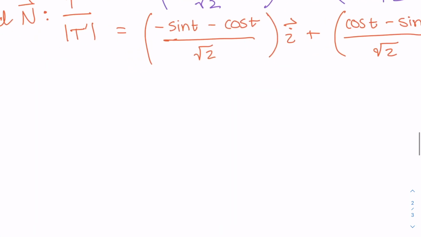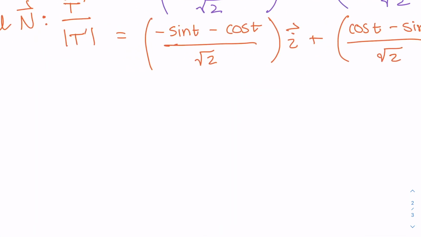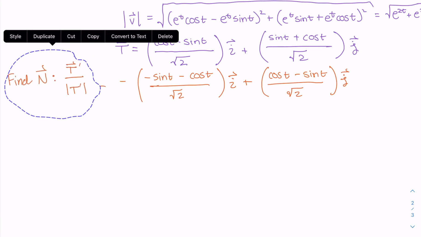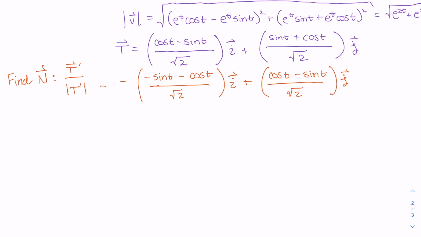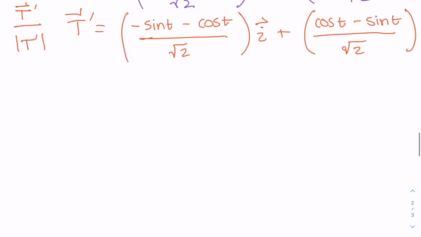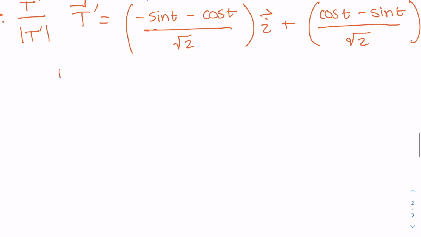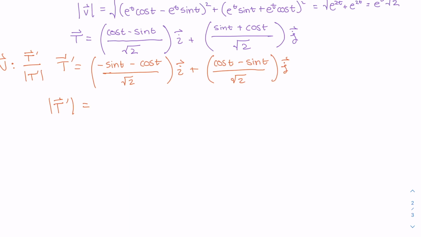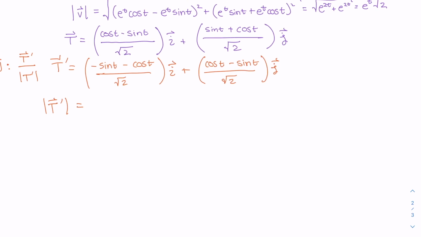So I'll make it more clear what we're doing here. All right, so here we're finding T prime. So now let's find its magnitude. So the magnitude of T prime is going to be each of these squared, added together, take its square root.